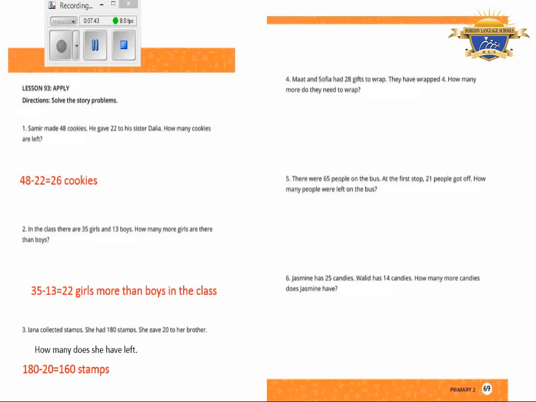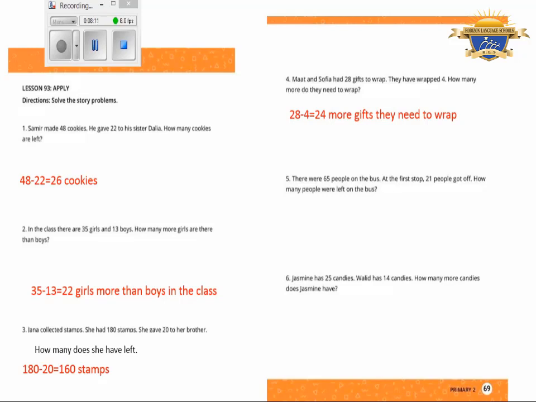How many more do they need to wrap? Excellent. I will say 28 minus 4, which equals 24 more gifts they need to wrap. Remember that comparisons are a subtraction problem. We can solve a subtraction problem as a comparison.